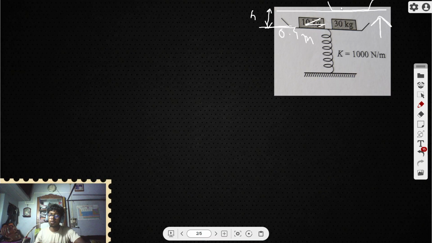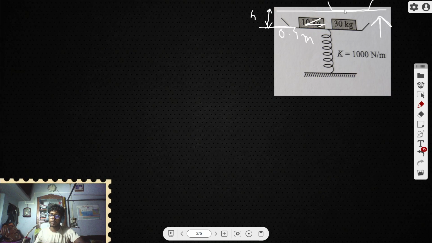But we don't know this compression because we don't know how much it will jump or how much it will not jump. We can't say that this block is not jumping, because we are asked the maximum height. If it is jumping, then this much will not be the height. The height will be from where it is jumping.